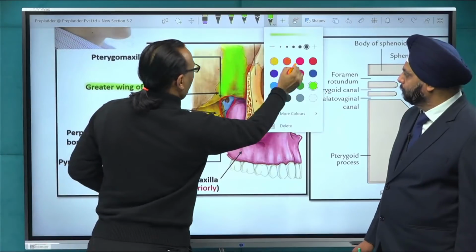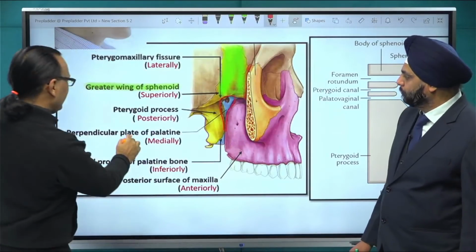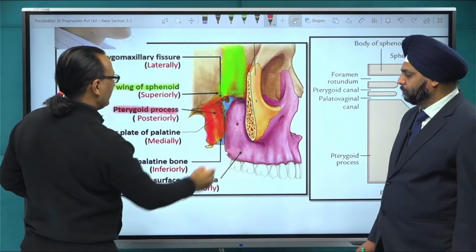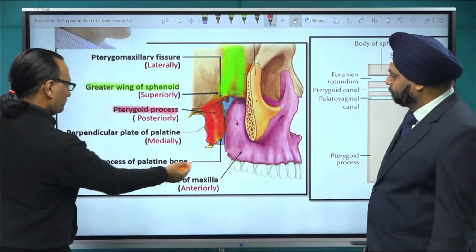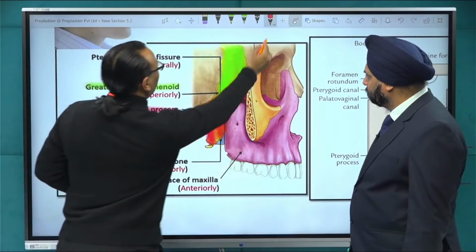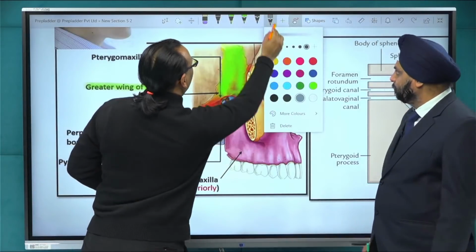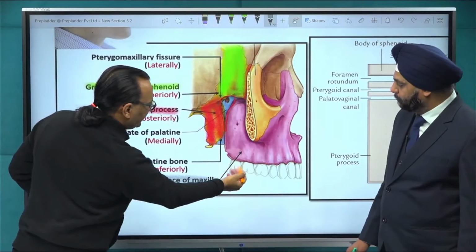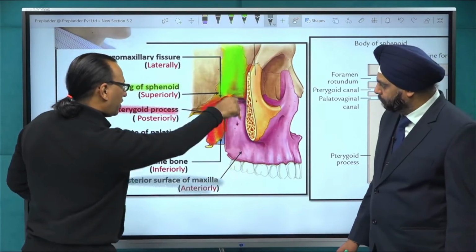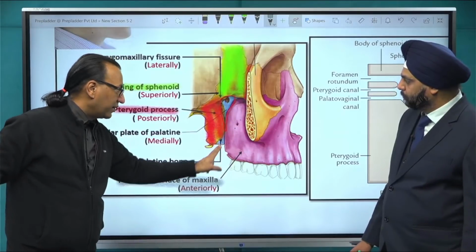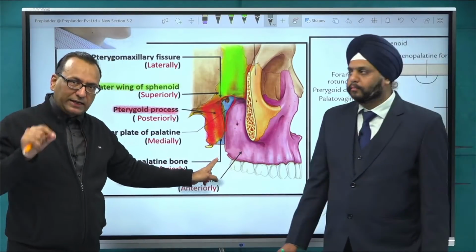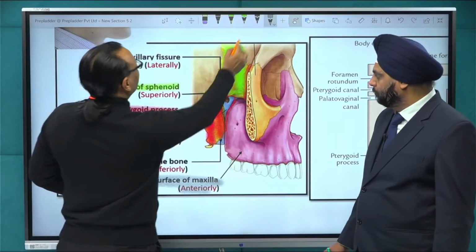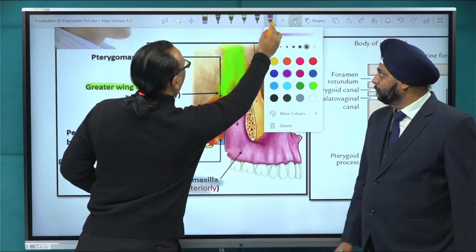And this is the pterygoid process, the leg of the butterfly, right? Laterally which bone? Laterally we understand that is the posterior surface of the maxilla, where you have the maxillary upper teeth. But if you go more medial, can you see the blue color there? More medial, palatine bone. So as you go deeper, palatine.